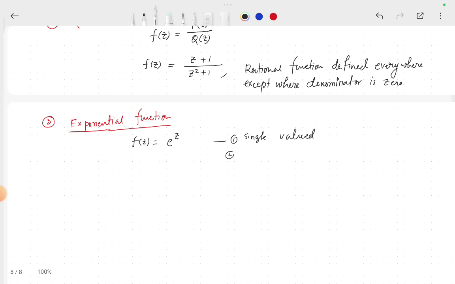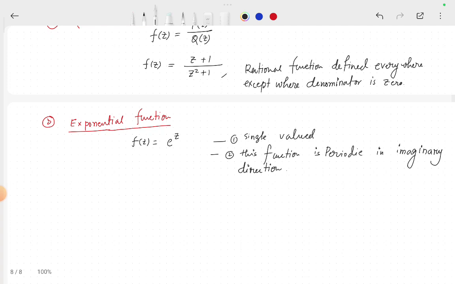The second property is that it is periodic in the imaginary direction. Yes, this function is periodic in the imaginary direction.